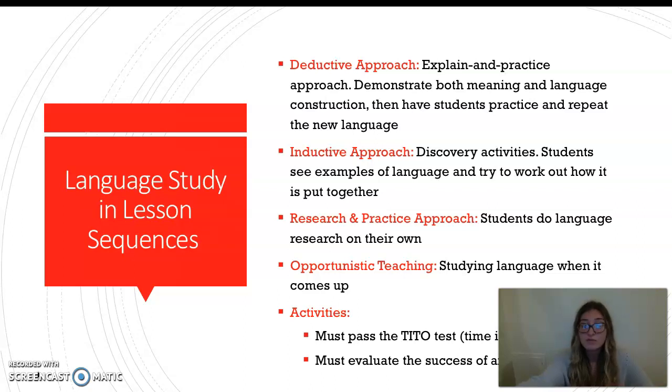So students do language research on their own. Maybe they look in a dictionary or they use a search engine to find out what words are, what they aren't. And this is also a way that students may remember things more easily because they are the ones actively searching for the answers. And we also have opportunistic teaching, so studying language when it comes up.